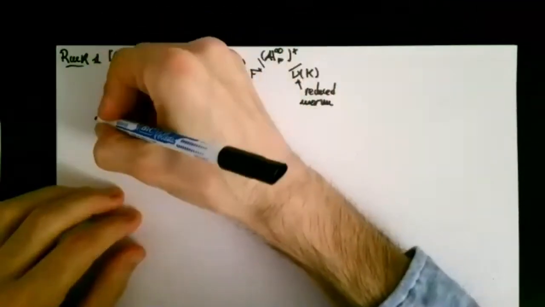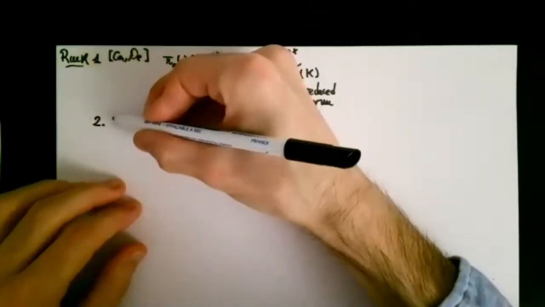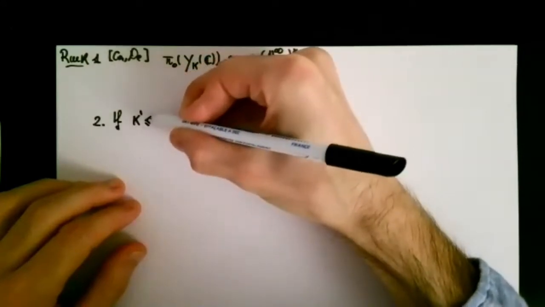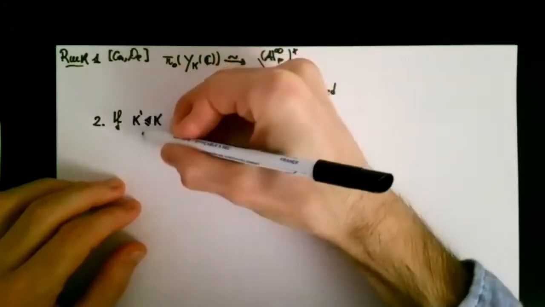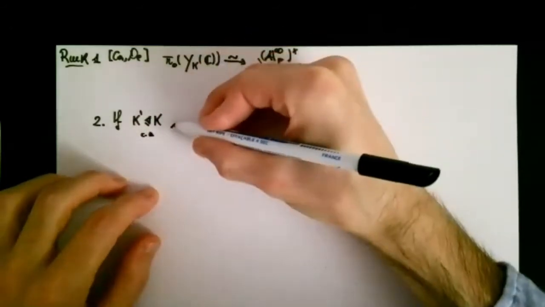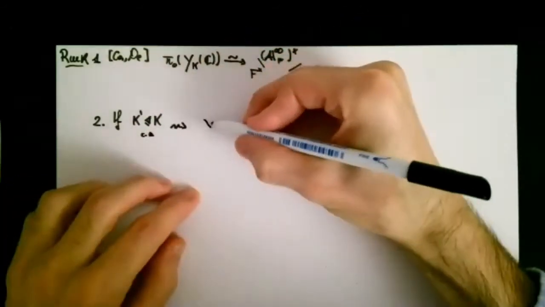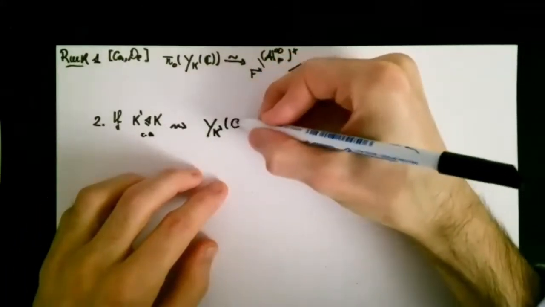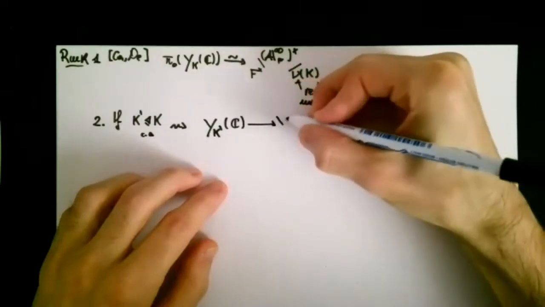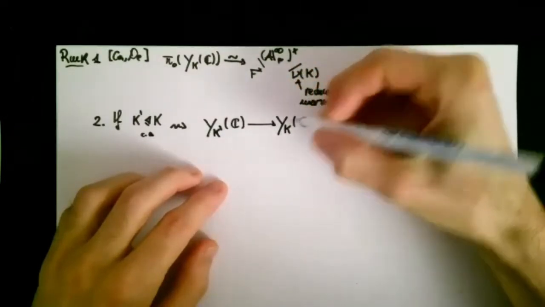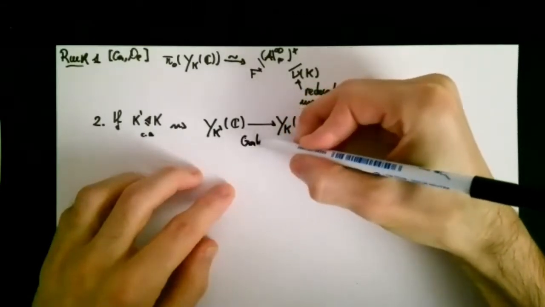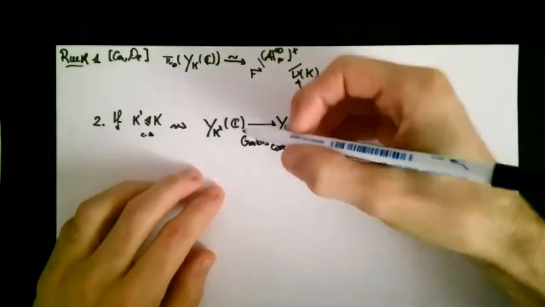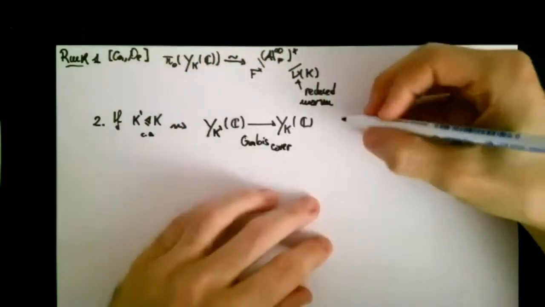And the second point is that if I consider a compact open K' in K, so this is compact open, then the natural map gives us a Galois covering map. So this is the Galois cover, with Galois group the quotient K over K'.